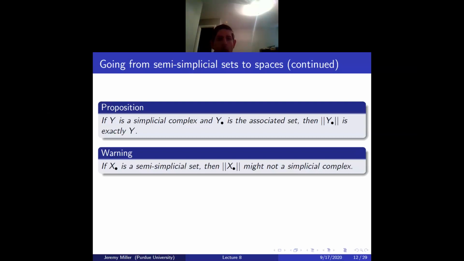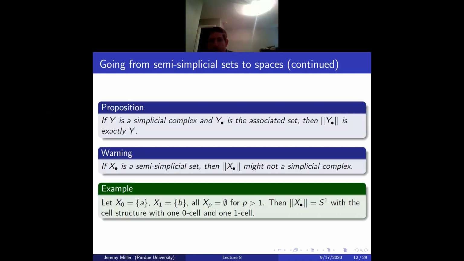Oh yeah, so the main warning is that if X bullet is a semi-simplicial set, the geometric realization might not be a simplicial complex. It'll still be a topological space, it'll still be a CW complex, but it won't necessarily be a simplicial complex. So if you take X0 to be a single point and X1 to be a single point, and the higher ones to be the empty set, what do you get?